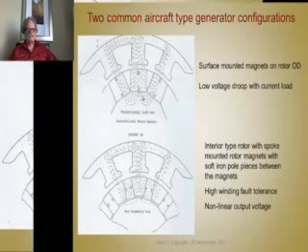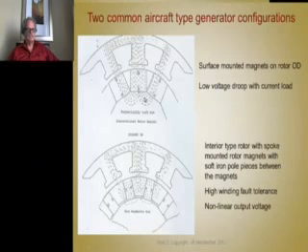Here you have the magnets arranged as normal surface magnets, and you get very low voltage droop with load. But for aircraft where fault tolerance is very important, they mount the magnets this way, like slabs, like the samarium or the ceramic magnet motors. But in this case, you use rare earth magnets, and under normal operation, the flux linkage takes this path here.